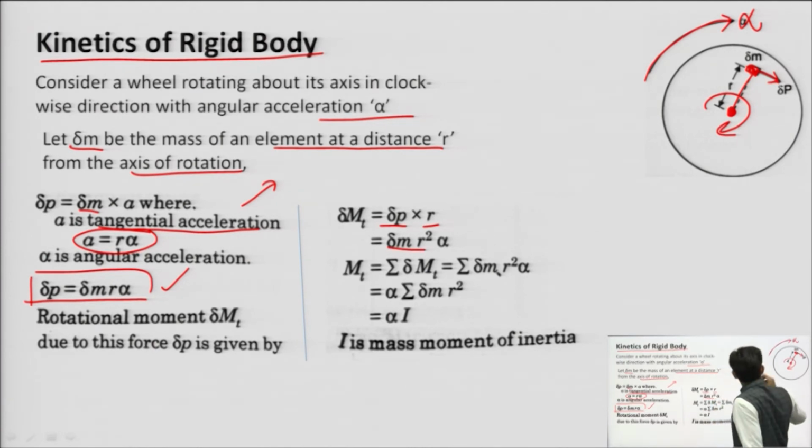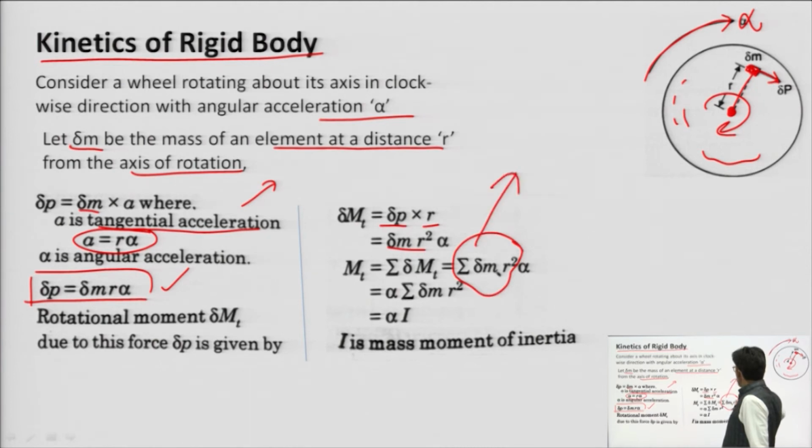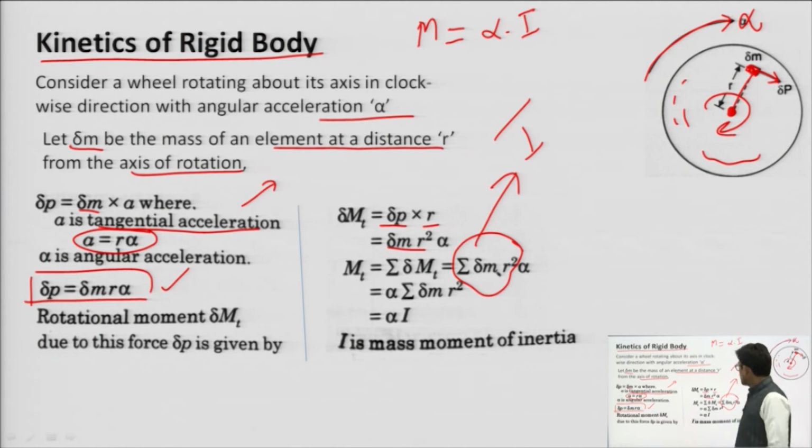For the entire body, the total moment M is the sum of this, so M equals sum of del m r square into alpha. This is the mass moment of inertia I. So we get moment M is equal to alpha into I.